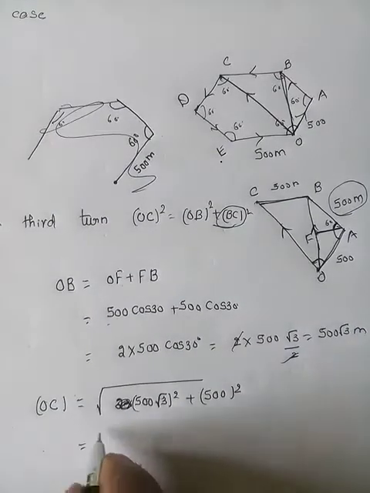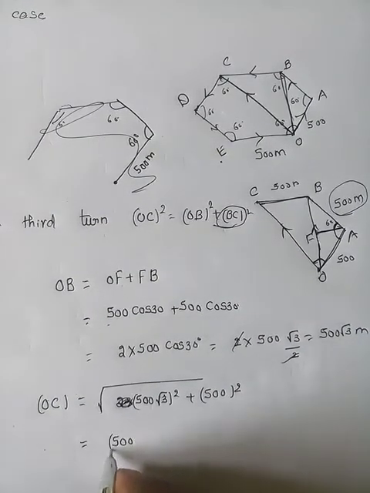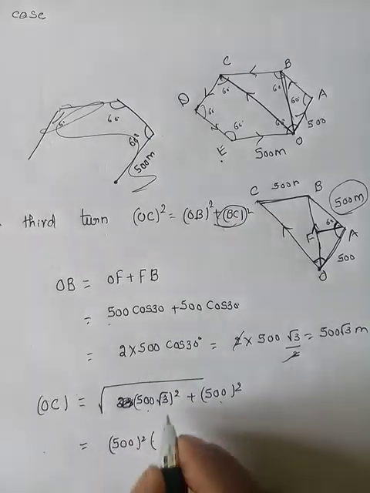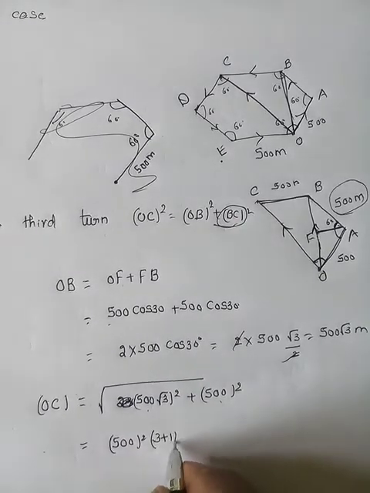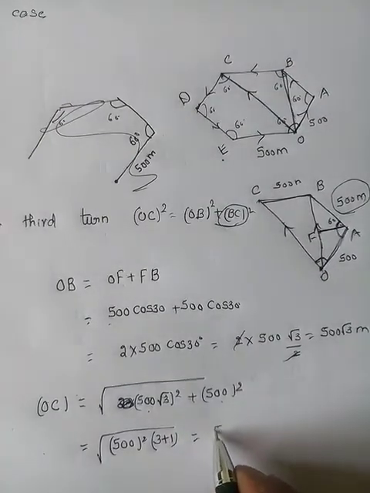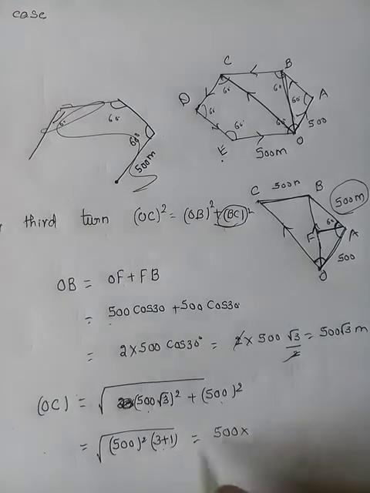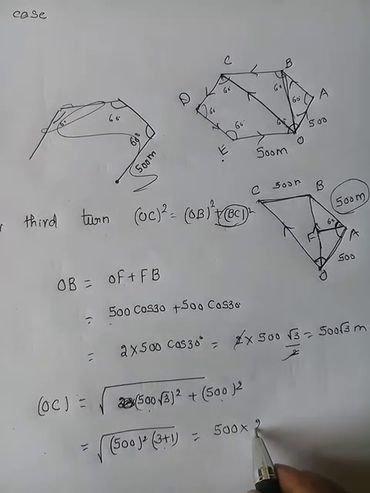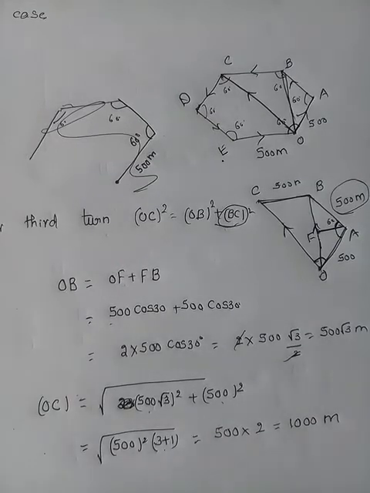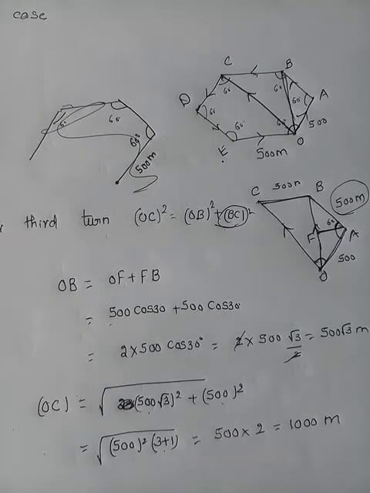If you take 500 whole square common, we get 500 square into root of 3 plus 1. 3 plus 1 is 4. Root 4 is 2. So, the answer is 1000 meters. So, the displacement of the particle for the third turn is 1000 meters.